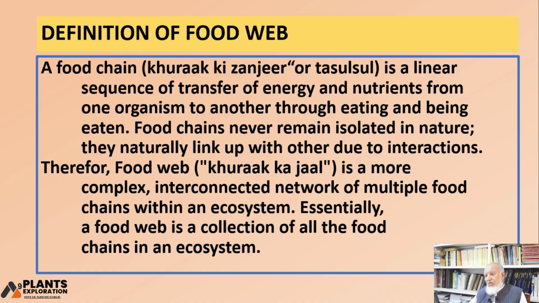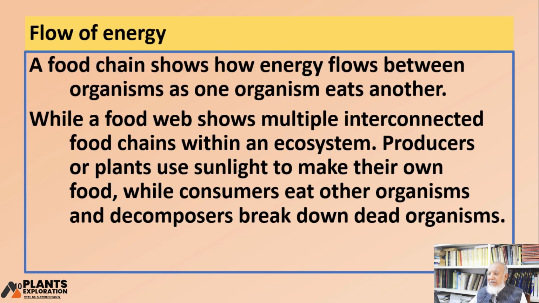A food chain shows the flow of energy between organisms as one organism eats another one. This is a universal process, eating and being eaten. While a food web shows multiple interconnected food chains within an ecosystem, producers or plants use sunlight to make their own food, while consumers eat, utilize, and graze on other organisms, and decomposers break down the dead organic matter.